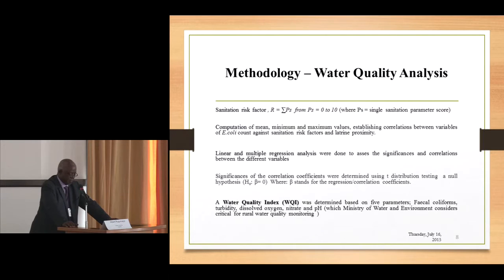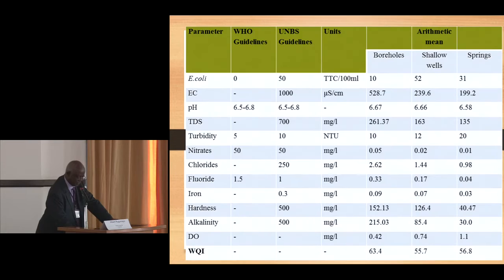Then we also had correlation coefficients related to the T distribution and worked out a hypothesis. And finally, we did a water quality index based on 5 parameters: fecal coliform, turbidity, dissolved oxygen, nitrate, and pH. These were recommended by the Ministry of Water as being significant for rural water monitoring.